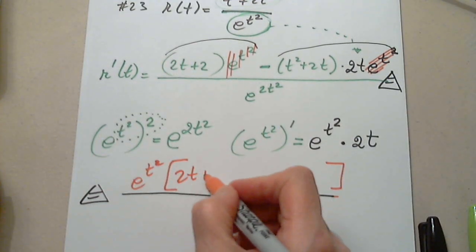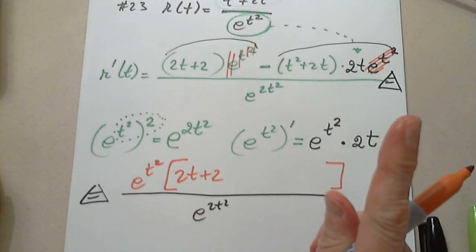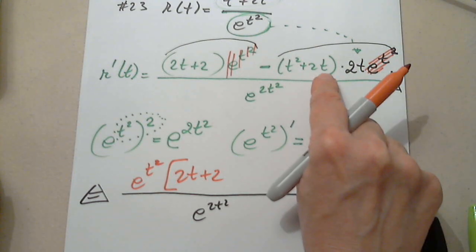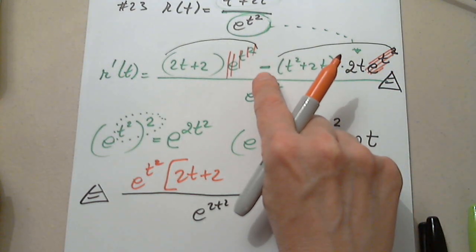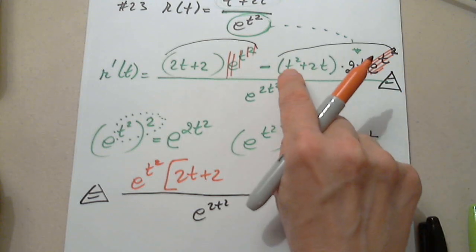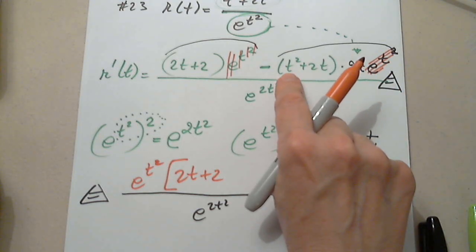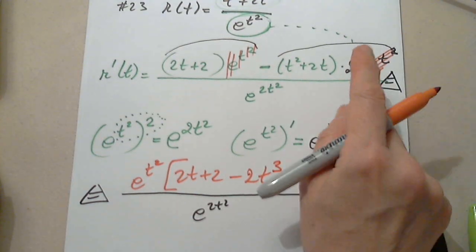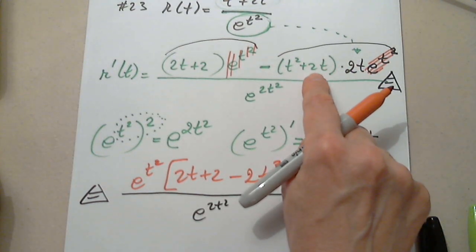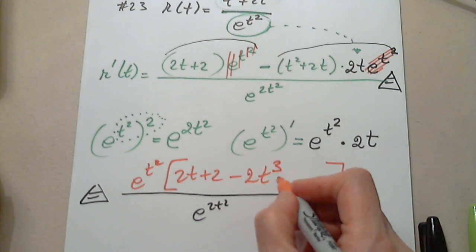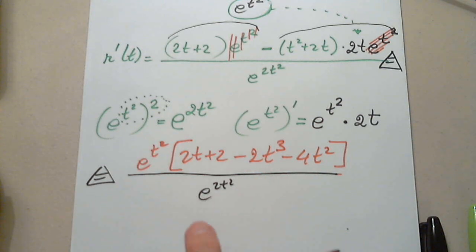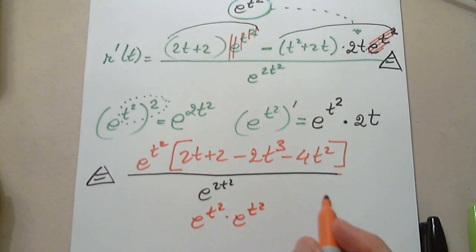So then 2t plus 2, and now I have to be careful because I have 2t to be distributed here, but also the negative sign. 2t times t squared is 2t cubed with minus. 2t times 2t is 4t squared, but with minus. Only now, remember this is basically e to t squared times e to t squared.